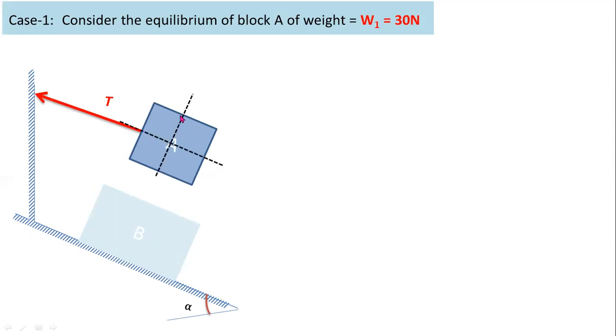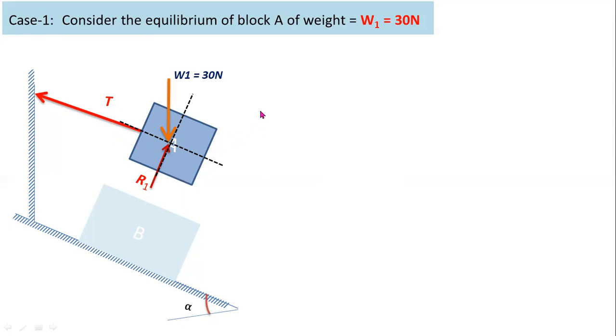First of all, you have to consider two reference axes, one parallel to the inclined plane, the other normal to the inclined plane. Now consider self weight of block A equal to 30 newtons. R1 is the reaction force between block A and block B. Now consider tension in the string, that is T.